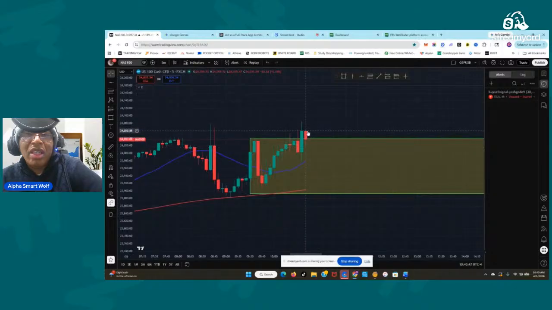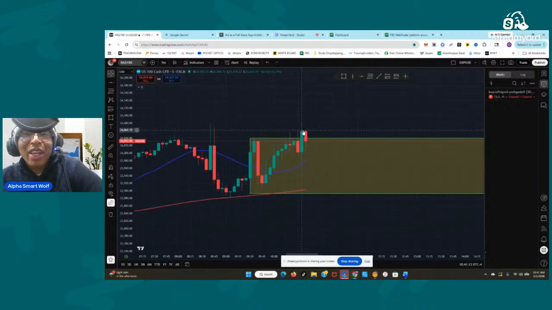So let's see, is that our reversal candle? No, I wouldn't call this a reversal candle. This is not a reversal candle. No gaps. So it did close out.